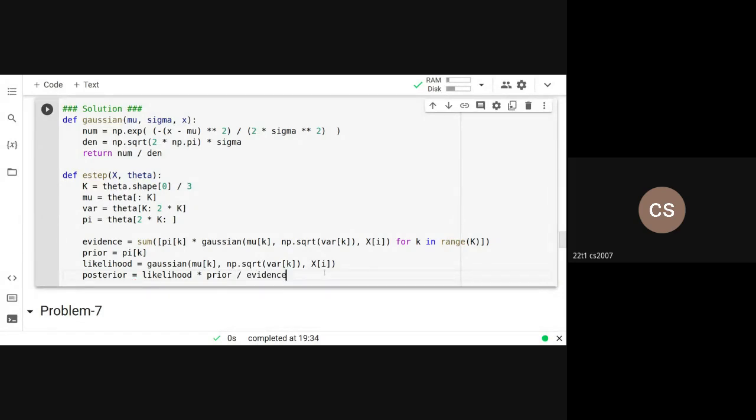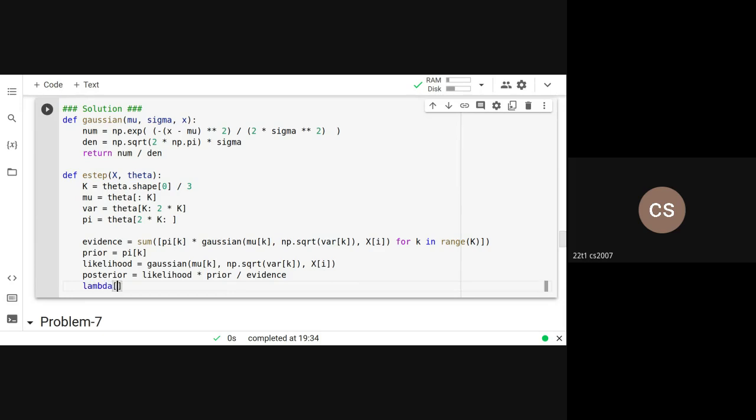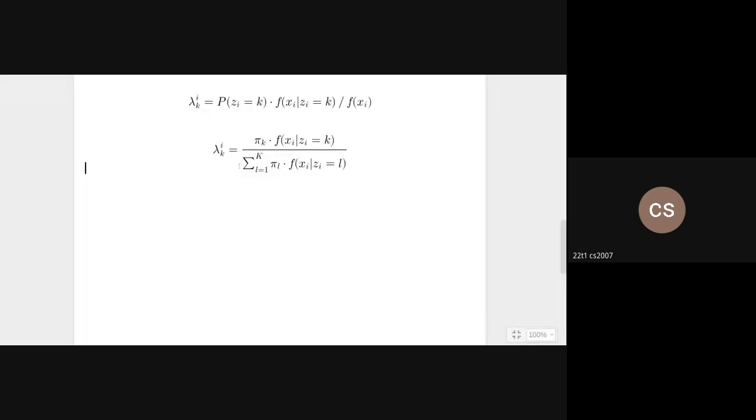What is our posterior in this case? Lambda, but lambda is a bad term because it is already used. So this is what is called lambda ik. Sorry, I'm moving between tabs, but lambda ik is a matrix, right? If there are 100 points and 3 mixtures, then I need to store 300 values.